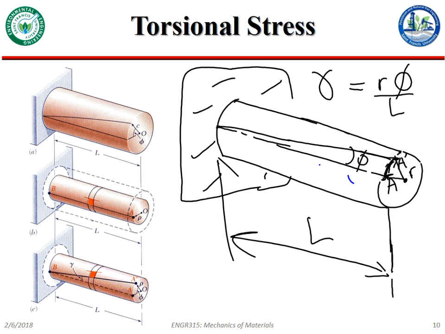Because if I take my r to be less than, say this is a 5-inch diameter rod, I could take my r to be any point inside of that rod, and I could find the shear strain there. I could also look along the length and find my shear strain in there.